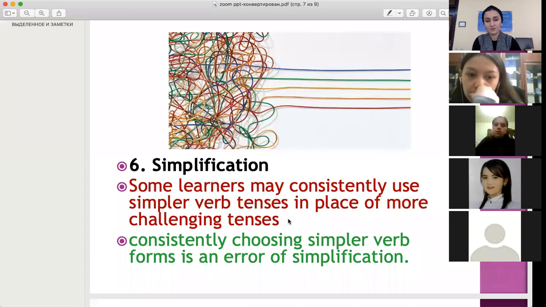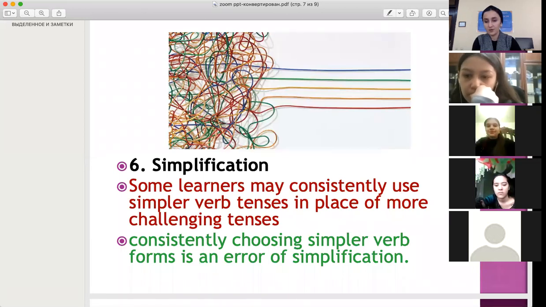Simplification. May I? Who is this? Maftuna. Yes. Okay.